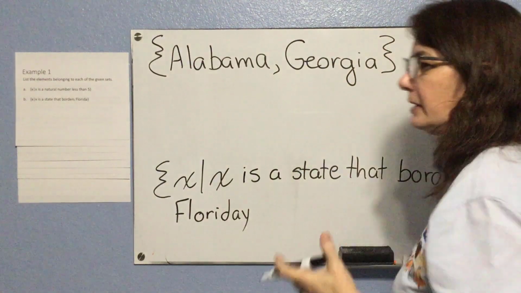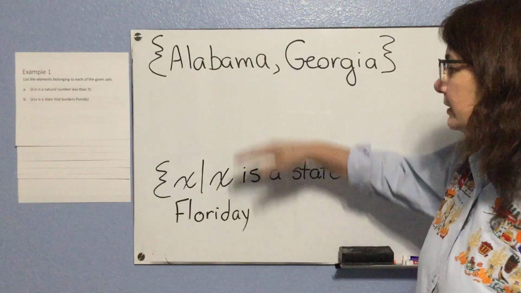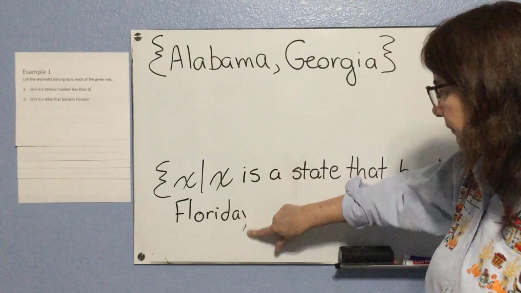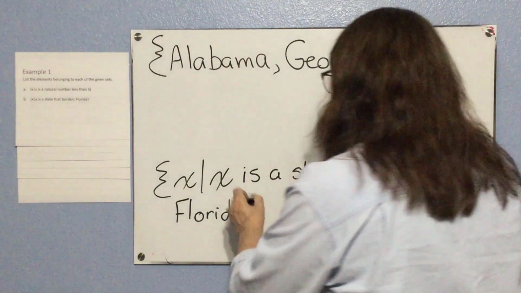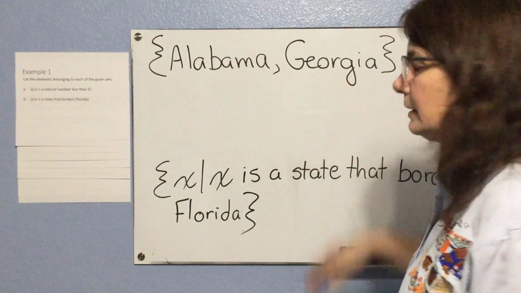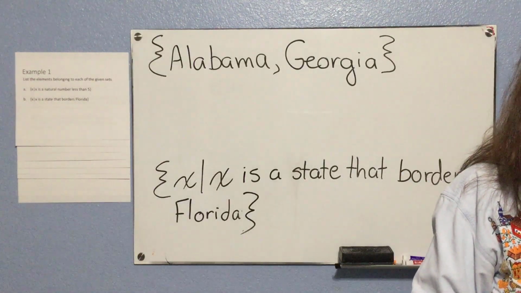And Georgia and Florida share a border all the way out to the Atlantic Ocean. So this set of all the states that border Florida contains Alabama and Georgia. Pause the video now and work on checkpoint 2.